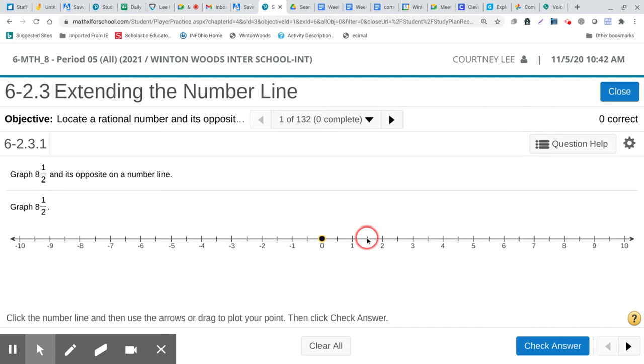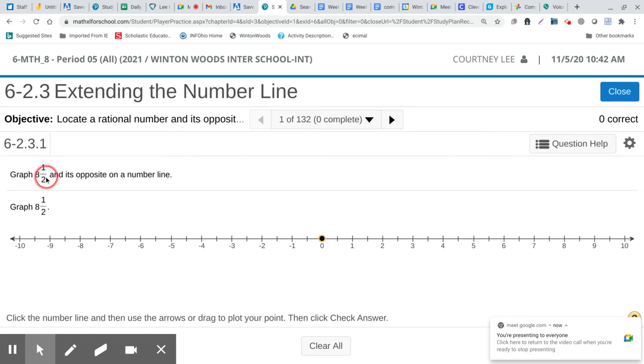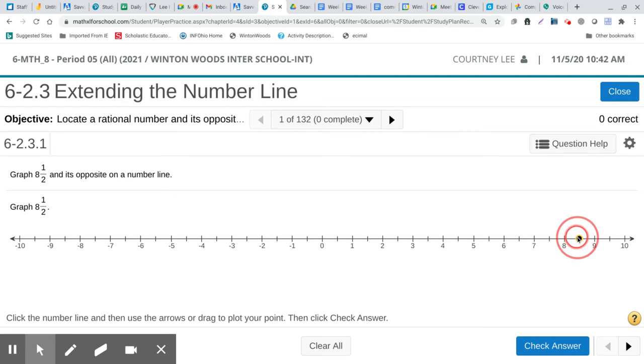Then we have 1.5, 2, 2.5, 3. All right, so it's by halves. So I need to find 8.5. It says graph 8.5, so that is here. Oh, I gotta drag it over there.